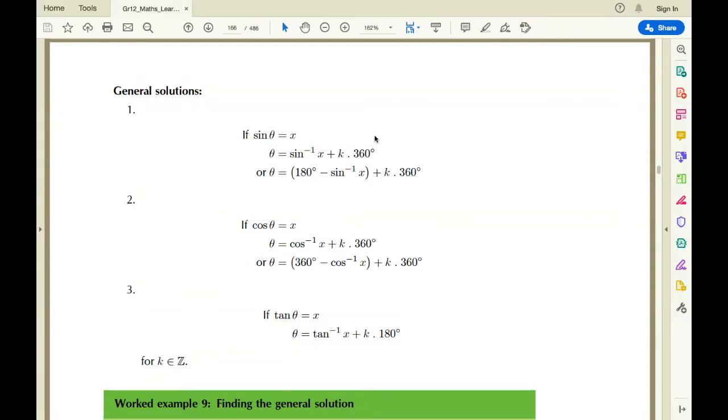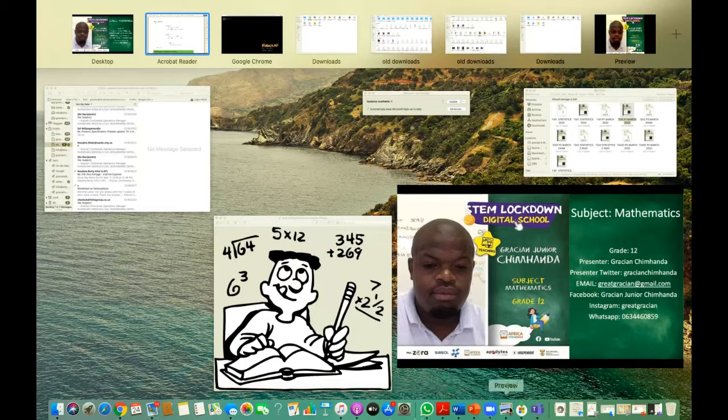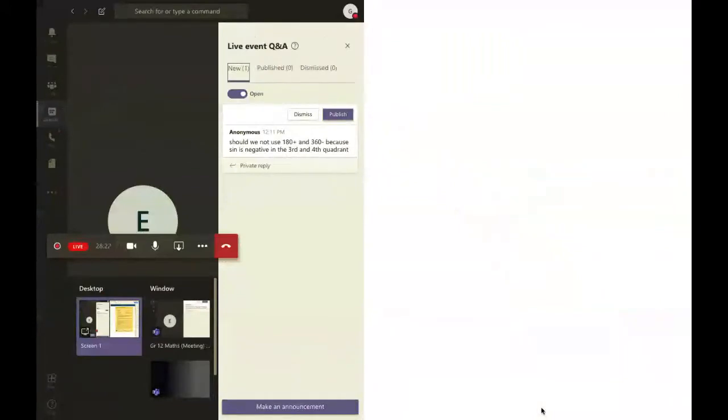It says it's shift sine x plus k times 360, which is this one. And the other is 180 minus whatever you get from shift sine plus k times 360. These are the two formulas that we used to get our general solutions, because everywhere we divided by 4. I hope you've seen that one.